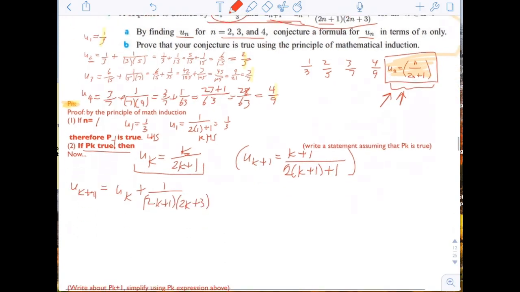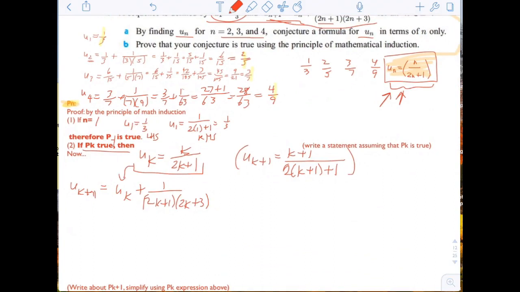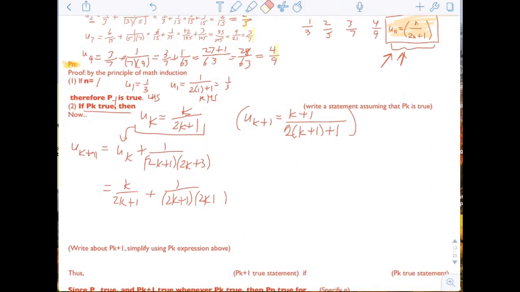So we start out with this, and then we can substitute this into here: k divided by 2k plus 1, plus 1 over 2k plus 1 times 2k plus 3. Do you see how we have a common denominator here? They look like half of a common denominator.